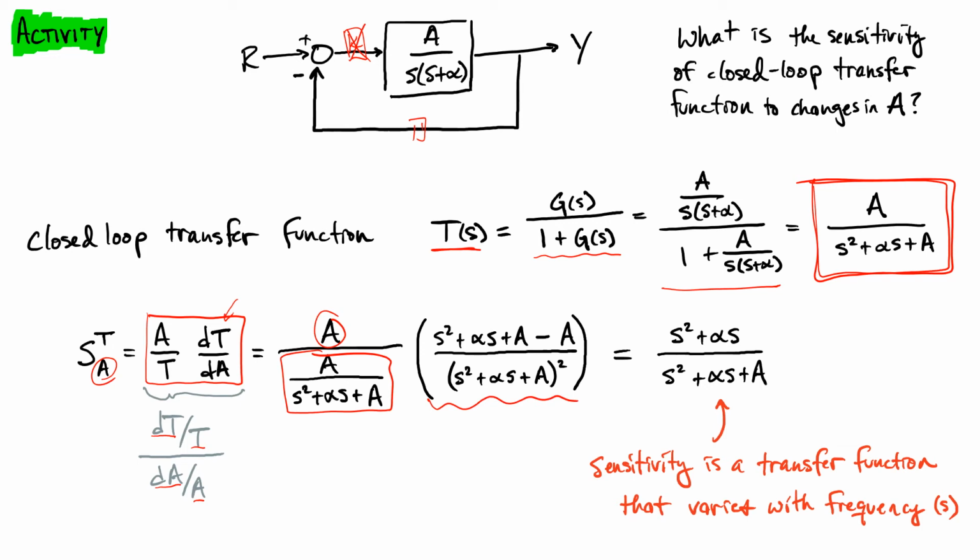When the dust settles after you've cleared some terms, you get down to a term that looks like this. And so that sensitivity function is essentially given if this changes, how is the performance of Y tracking R changed? And so this is the value that does that.